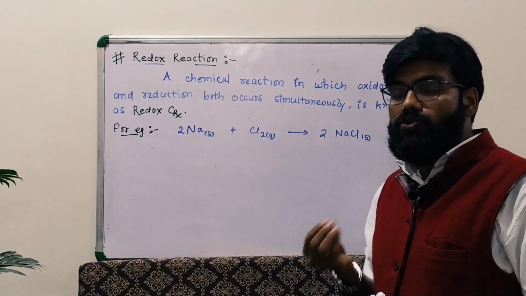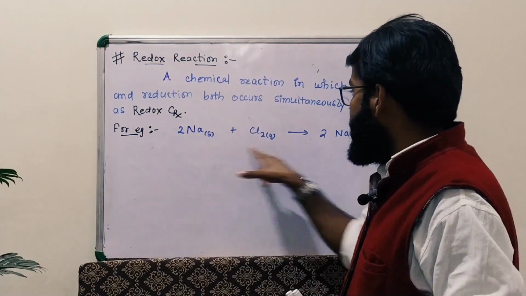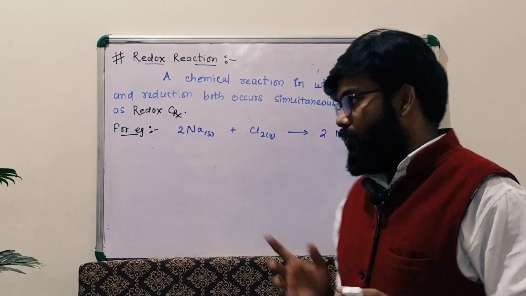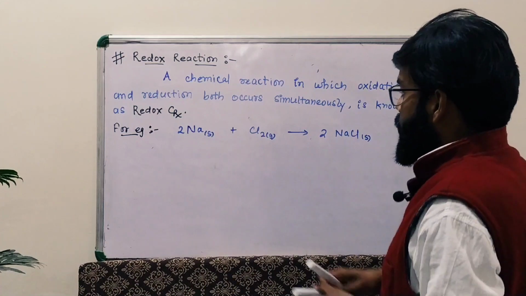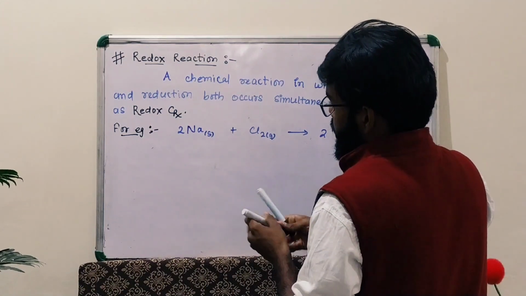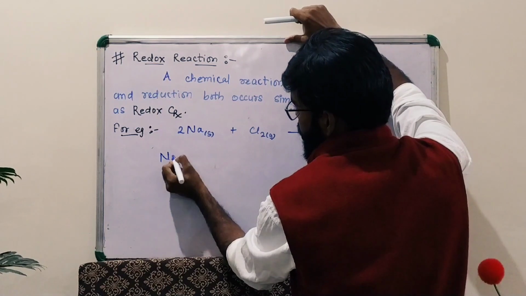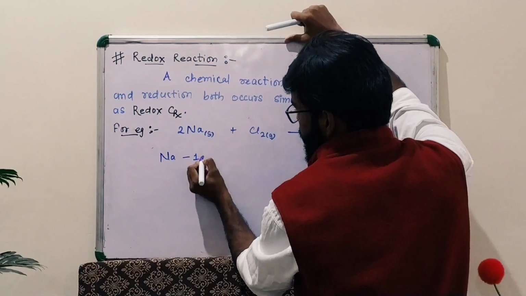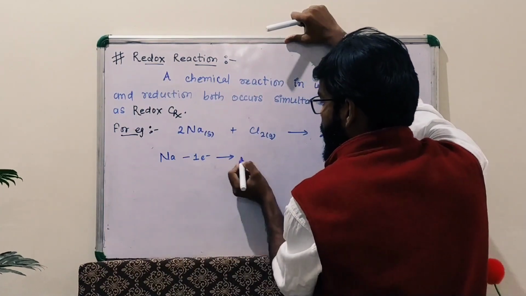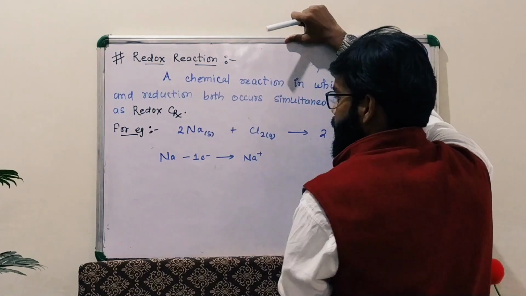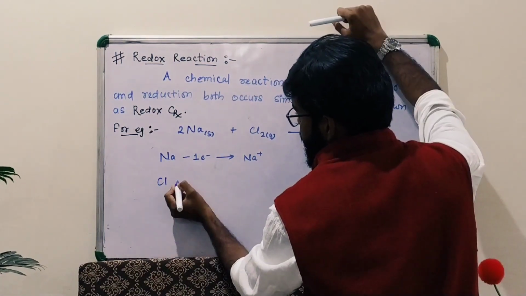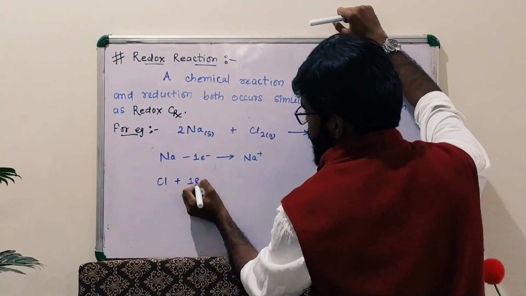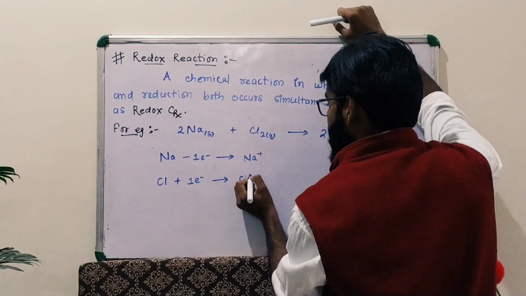It is a chemical reaction. How can you say, sir, that this given chemical reaction is a redox chemical reaction? So I am going to explain it to you. Sodium loses one electron to form Na+. Chlorine gains this electron to form Cl-.